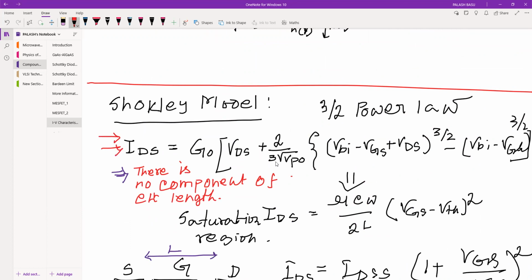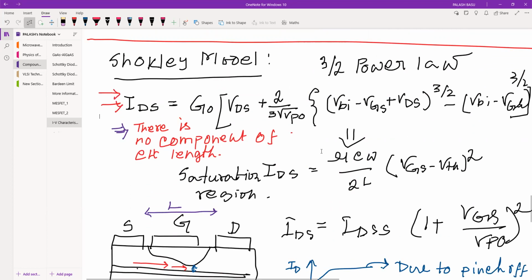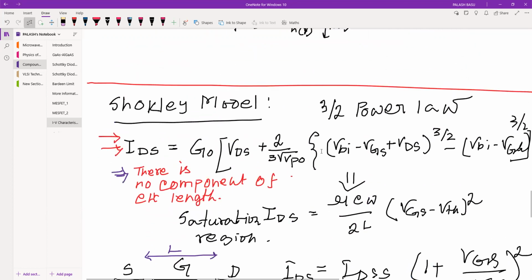That's what people are saying, that this equation may be valid for both long channel and short channel MESFET, right? But people are saying no, it is not possible, because what we have observed is that this expression is good for long channel, where current saturation, I saturation, is due to what? Due to pinch off condition.